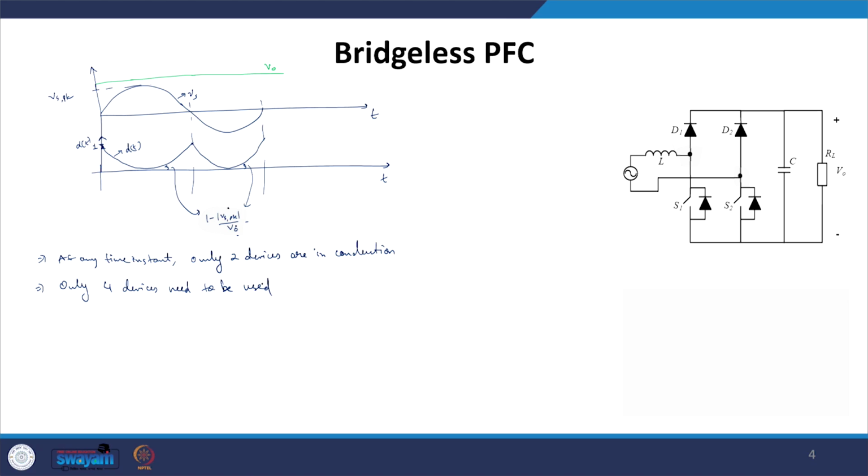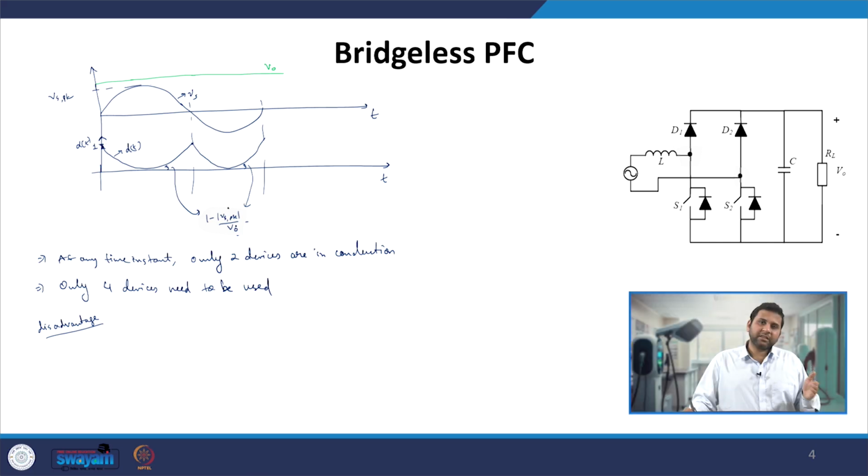Now the disadvantage in this particular kind of system is that diodes D1 and D2 which are there are switching at switching frequency FSW, which was not the case in boost PFC, where we have the diodes at the first stage, because there the diodes are switching at the line frequency.